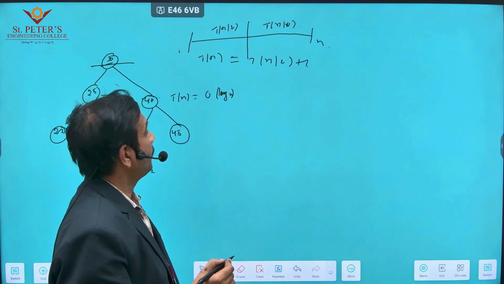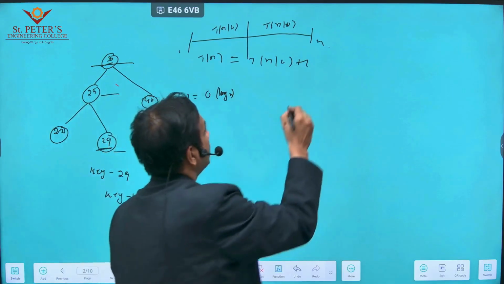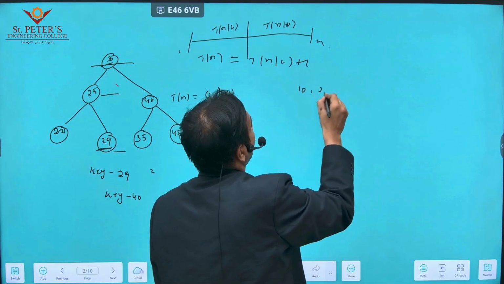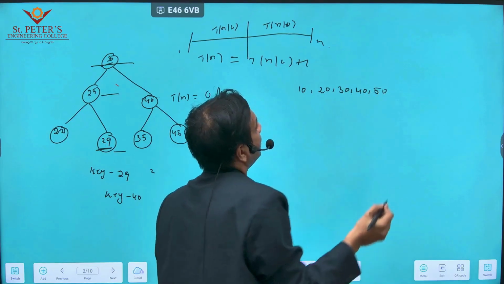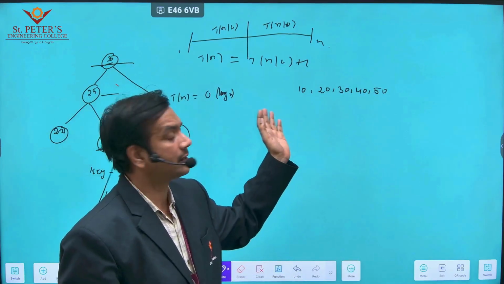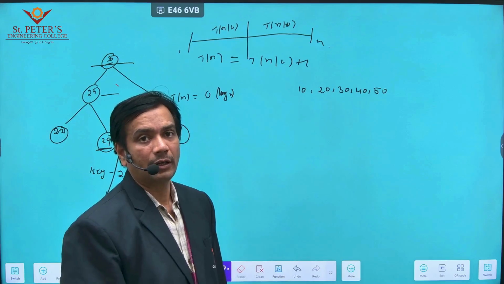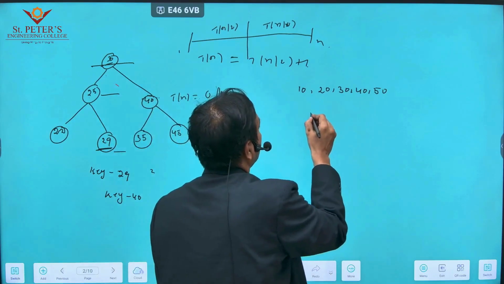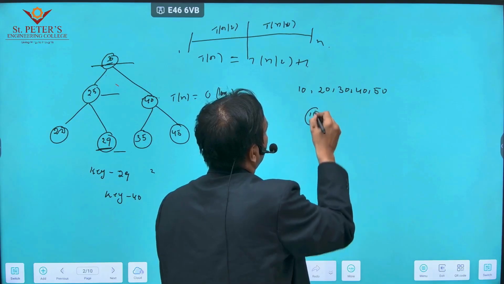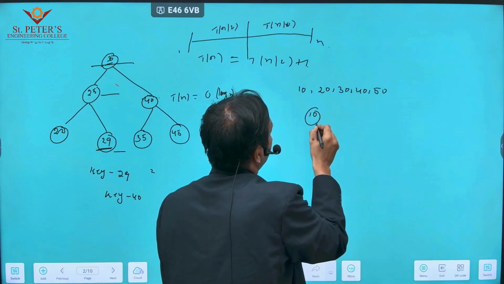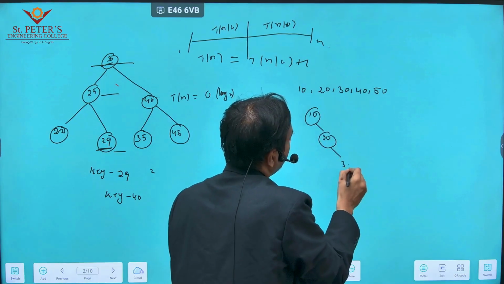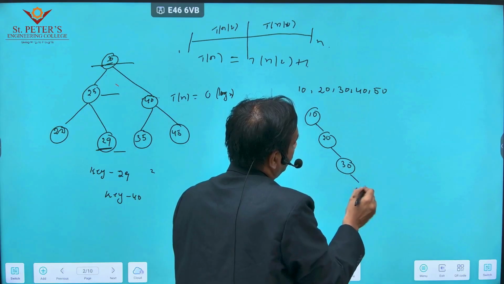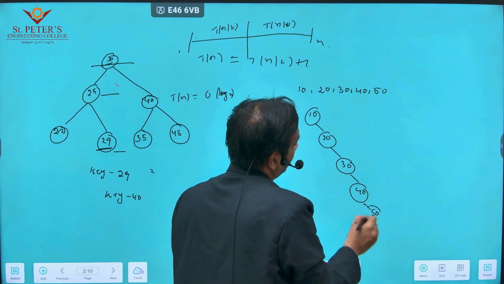So suppose we consider the array elements 10, 20, 30, 40, 50. So here we can consider the array elements are in sorted order. By inserting these elements, the order is 10, 20, 30, 40, and next one is 50.